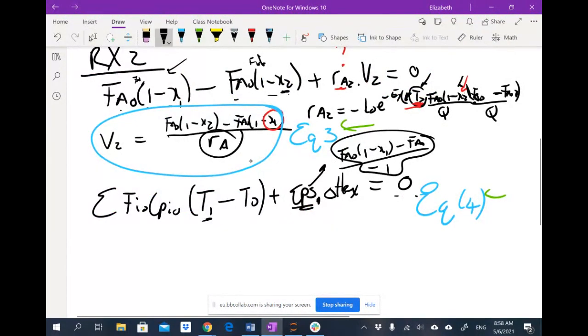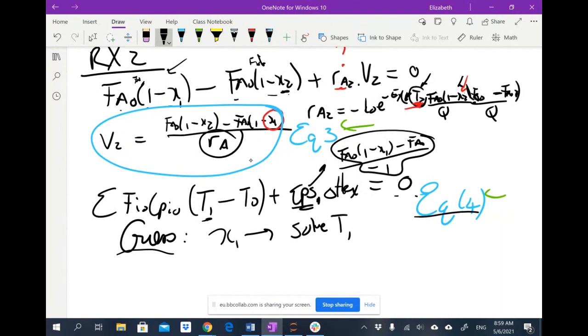Picture you've done this many moons ago when you did such problems and you had to use a trial and error or a fixed point iteration protocol in order to solve that. So you will guess x1, right? Once I've guessed x1, this is my procedure: I can solve temperature 1 from equation 4.